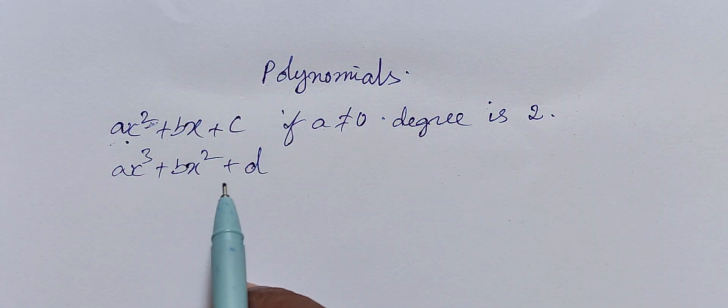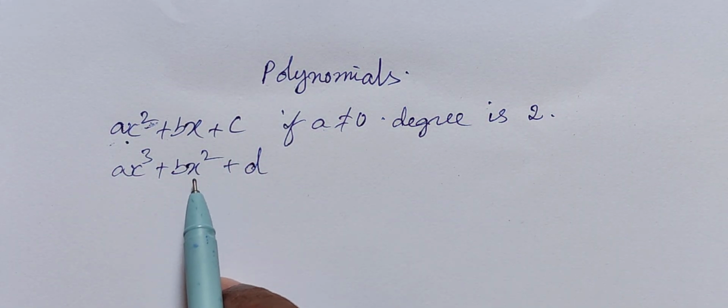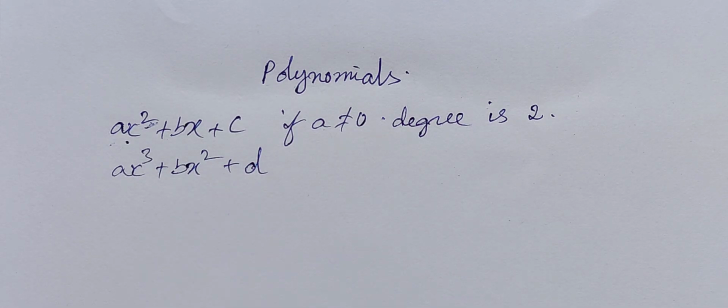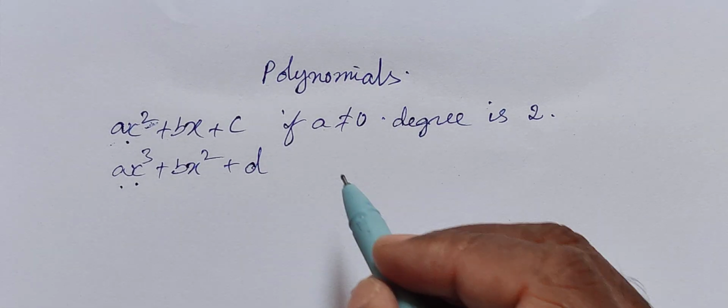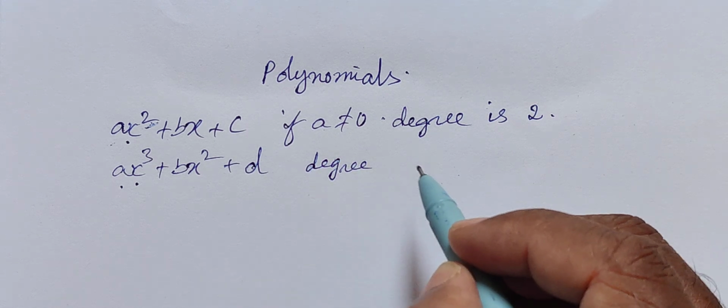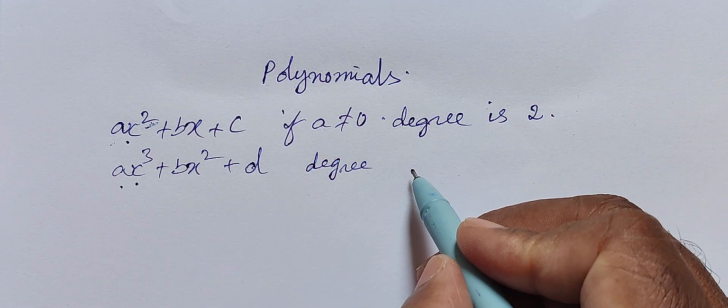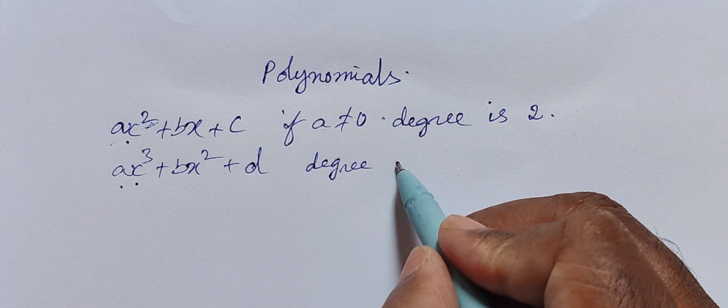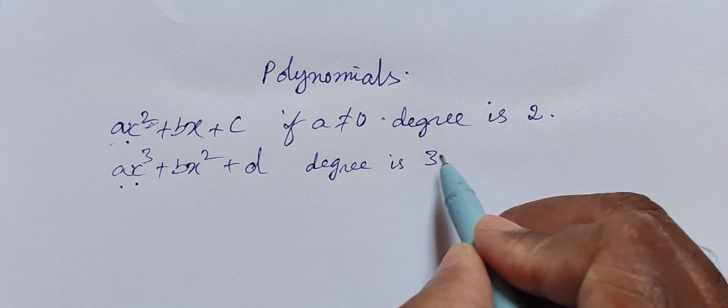Here we don't bother about the lesser powers, we always focus only on the highest power, and if its coefficient is non-zero, then the degree is the highest power of x whose coefficient is non-zero. So the degree in this case is 3.